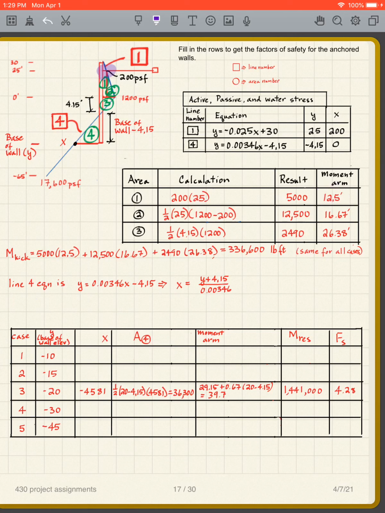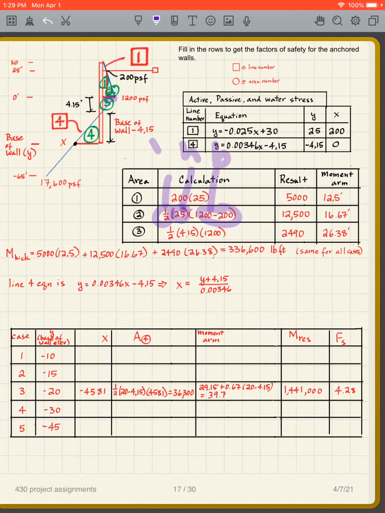For area 2, I know this is 1200, this is 200, so the base of that is 1200 minus 200, which is 1,000. And again, the height is 25, but it's a triangle, so it's 1/2 the base times the height.